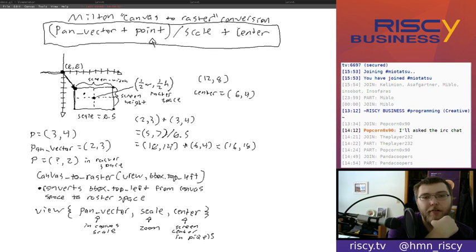And it makes sense that it would be the screen space as the raster space because we know that the center is the screen center in pixels.